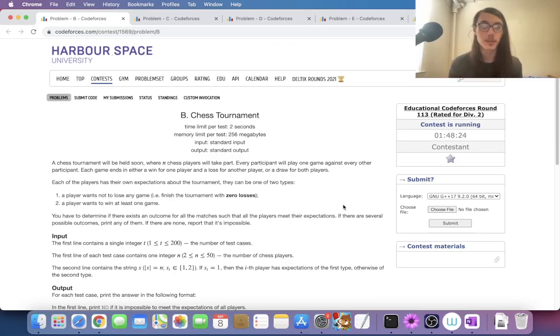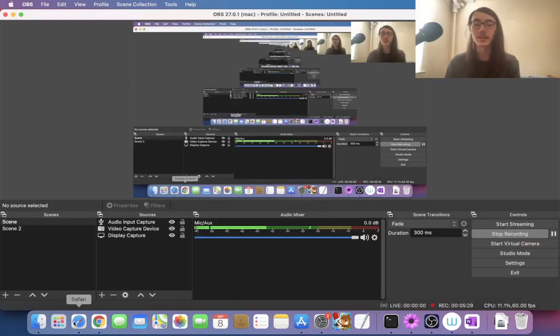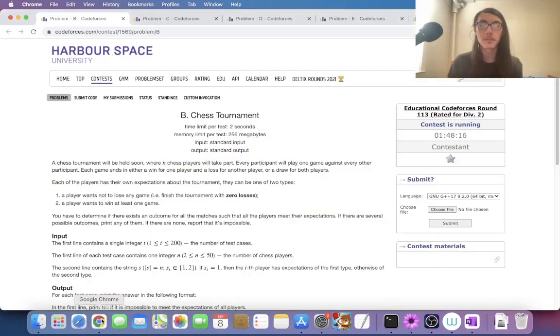N players will take part. Each participant will play one game, making sure sound is still going. Yep, each participant will play one game against every other participant. Sure, so tournament. Every game ends in a win and a loss, or a draw. So player wants to not lose any game.